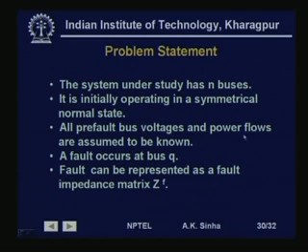All pre-fault bus voltages and power flows are assumed to be known, that is, we have done the load flow study. A fault occurs at some bus q, which can be any bus. The fault can be represented as a fault impedance matrix ZF. This again we will see how to do.